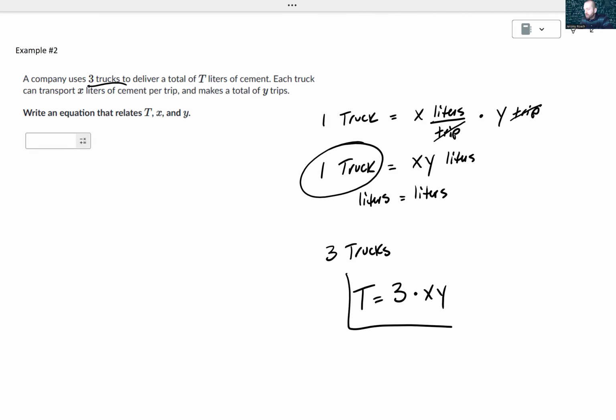So that's going to be our final answer for this one. We're multiplying the total liters by 3. If we wrote 3T, we would be dividing the total liters by 3, and we don't want to do that. We have 1 truck and we're multiplying by 3 to get what 3 trucks is.